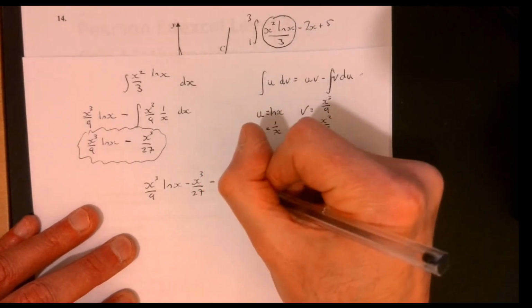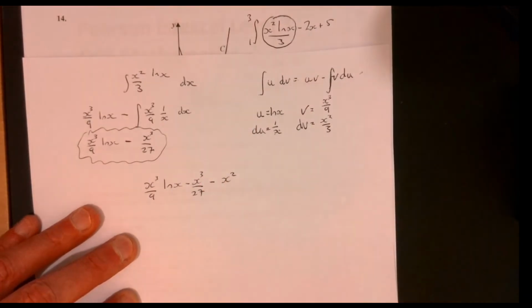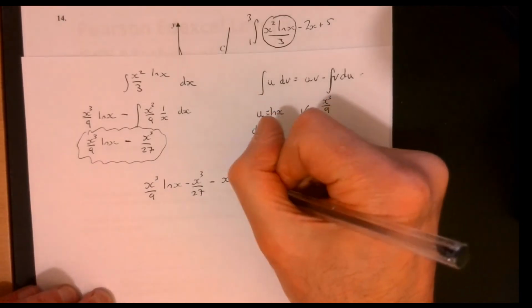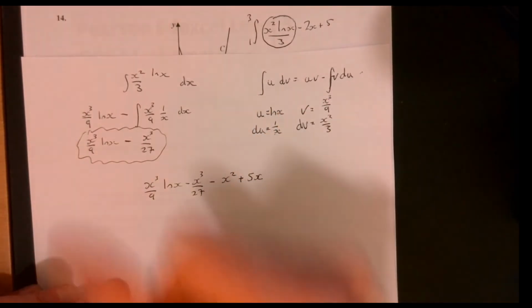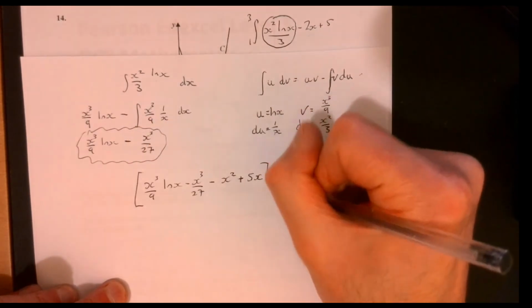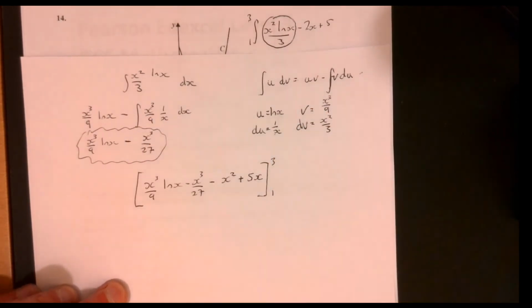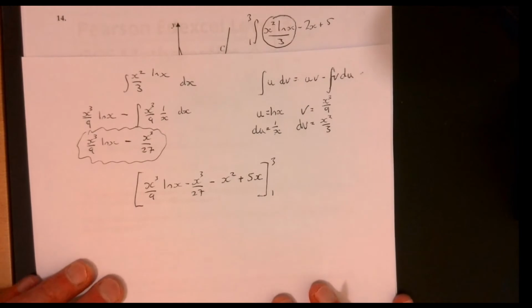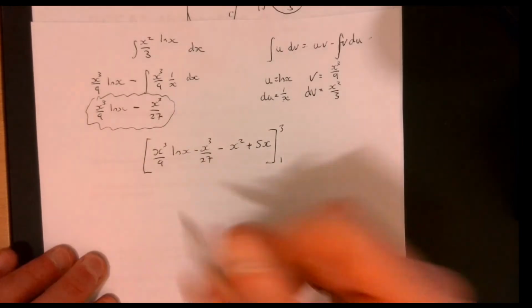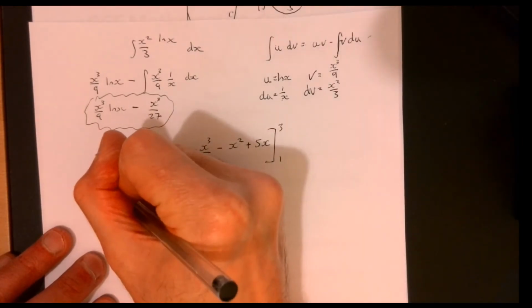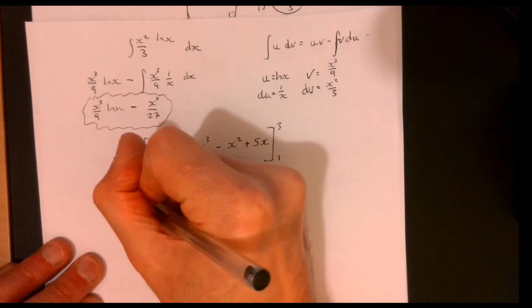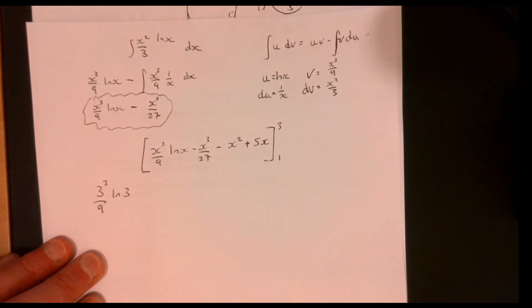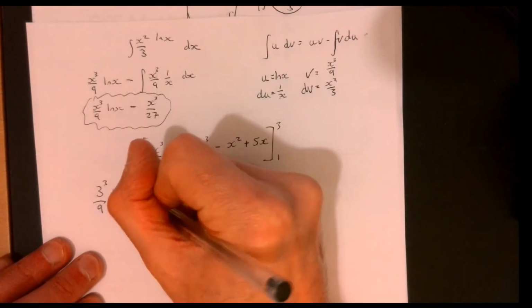So we've got minus x squared, or 2x squared over 2 if you prefer, and then plus 5x. And we know it's between 3 and 1. So let's put in those limits and write the whole thing down. Again, don't worry about simplifying as you go. Just write everything down, and life is so much easier.